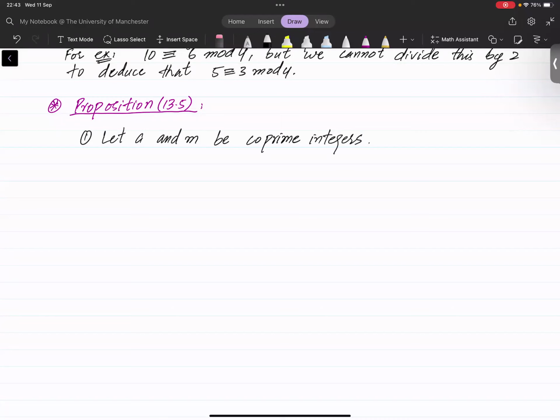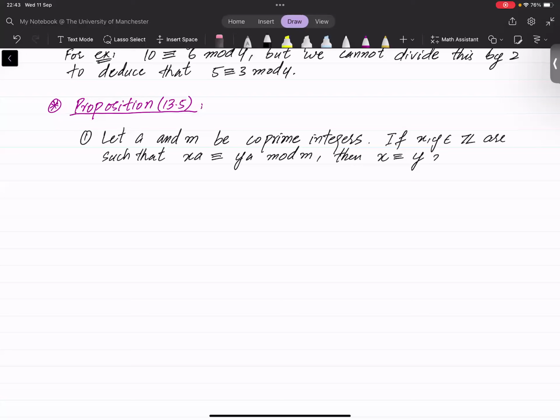If x, y are integers such that xa is congruent to ya mod m, then x is congruent to y mod m.